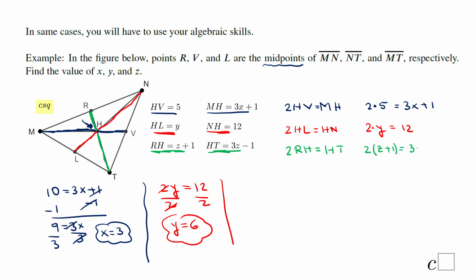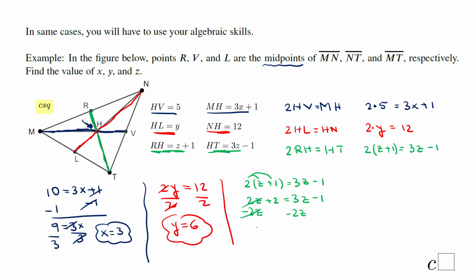equals 3z minus 1. So let's take that equation here on the right and solve it. 2 times z plus 1 equals 3z minus 1. I will use the distributive property here, and we have 2z plus 2 equals 3z minus 1. My next step will be to subtract 2z to get rid of this 2z.